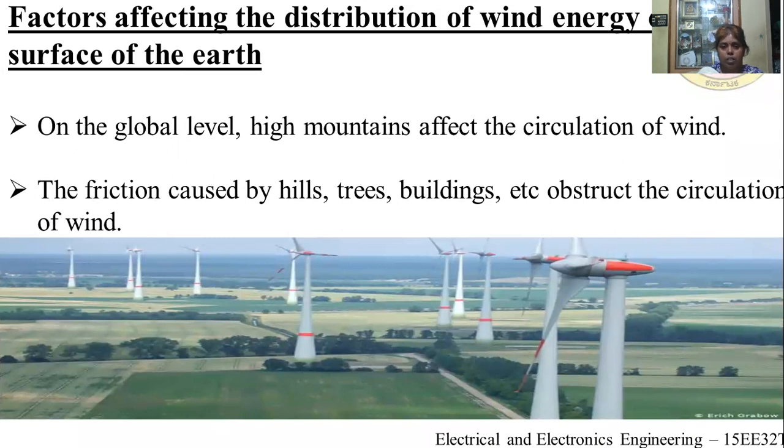This is the first factor. The second factor is the friction caused by hills, trees, buildings, etc. which obstruct the circulation of the wind. This is the second factor.